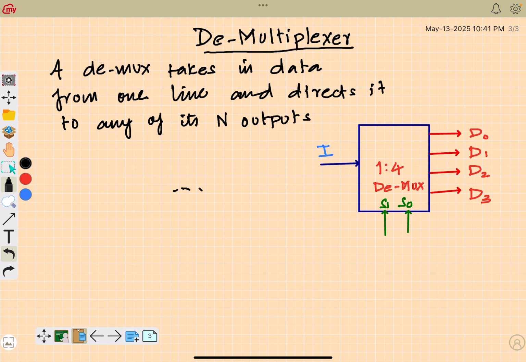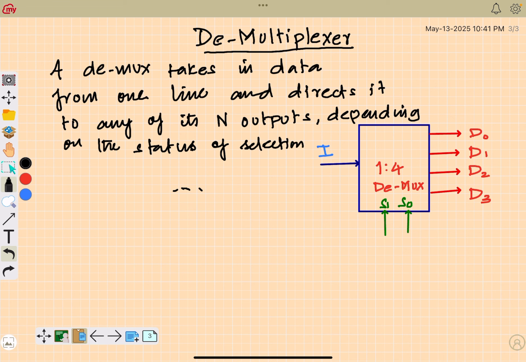Fine. And which output it will be, that will depend on the status of the selection lines. So it is just the reverse of multiplexing.